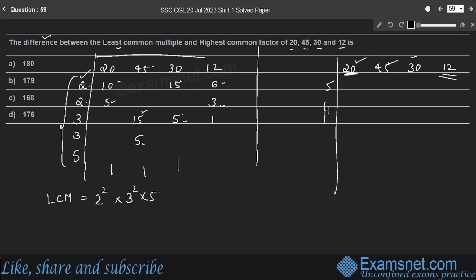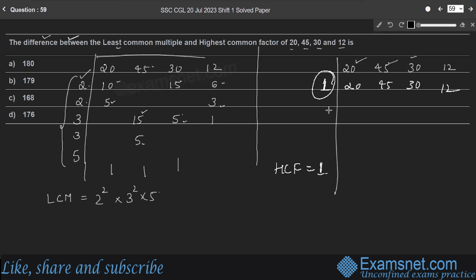If you continue, check with 6, 7, 8, 9 and 10. All four numbers cannot be divisible by any single number except 1. Therefore, 1 into 20, 1 into 45, 1 into 30, 1 into 12. Therefore the highest common factor, HCF, of the given four numbers is 1.